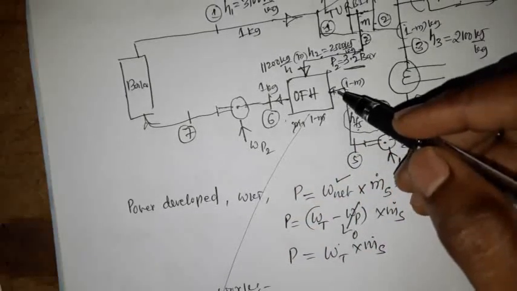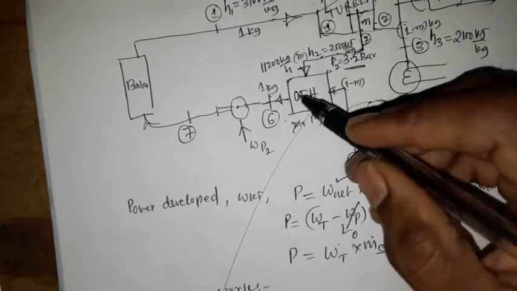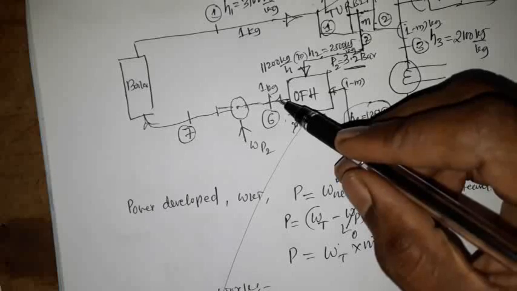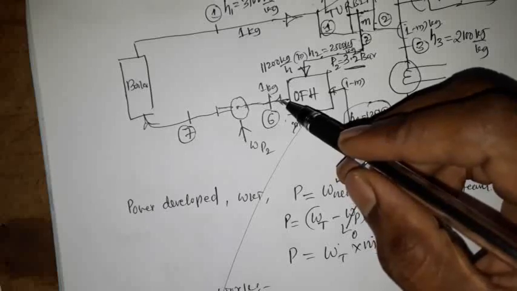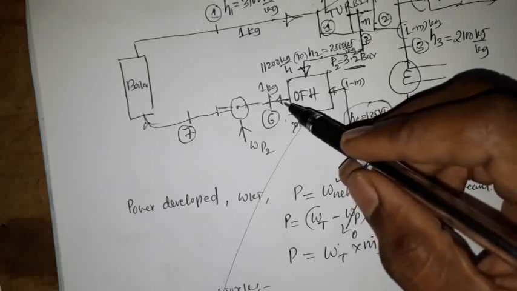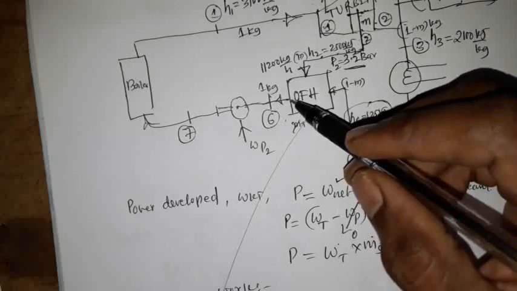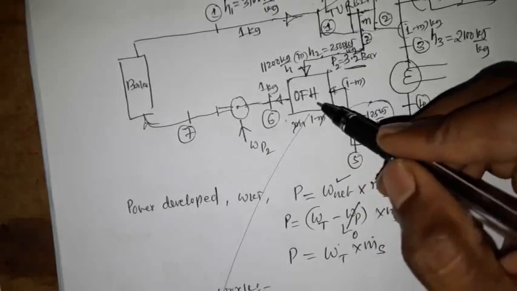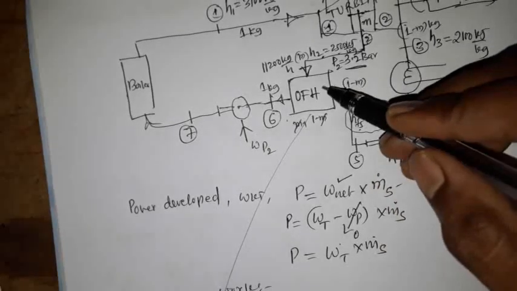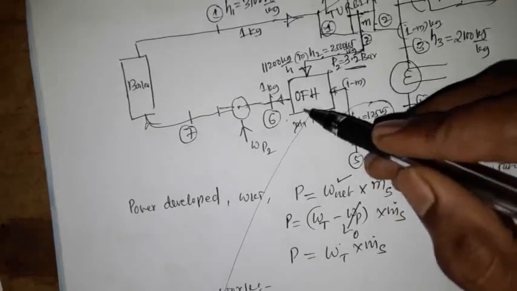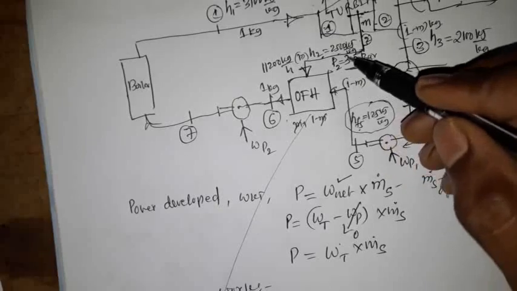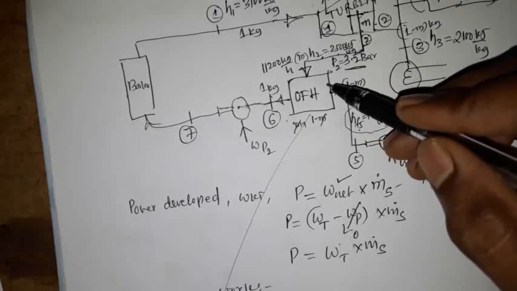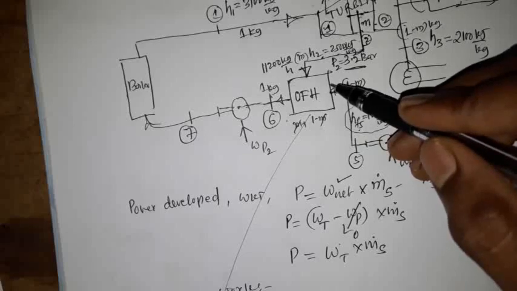So here in the given data, enthalpy at state 6 is nothing but the enthalpy of saturated liquid at state 6. So how to get the enthalpy of saturated liquid at state 6? It is nothing but the HF value at the operating pressure of the open feed water heater. So what is the operating pressure of the open feed water heater? It is the pressure of the steam which is supplied in it. So what is the pressure of the steam?